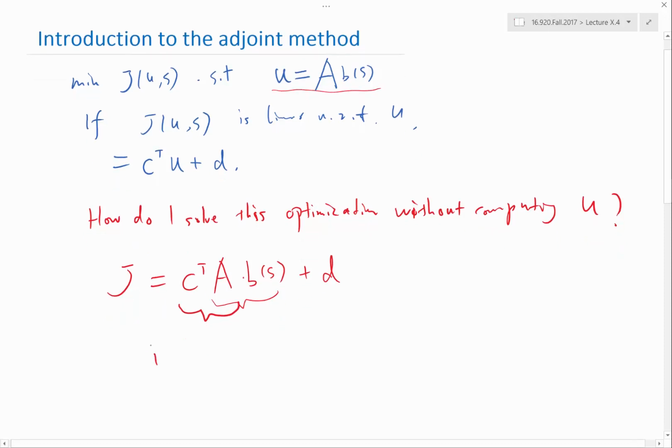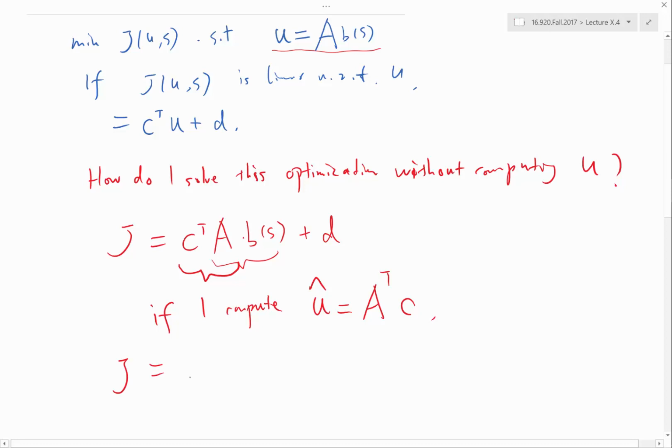So the procedure is, if I compute, let's say I call it u hat, equal to A transpose times c, then J is going to be equal to u hat transpose times b of s plus d. Right? So I rewrote the objective function directly as a function of b as opposed to as a function of u.